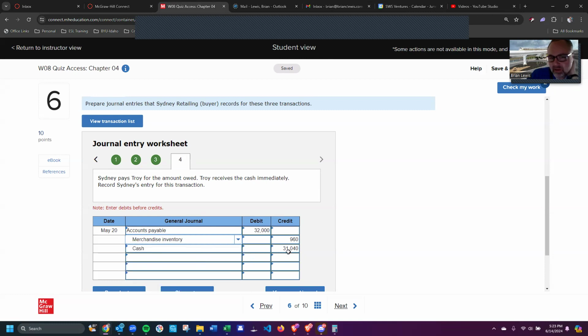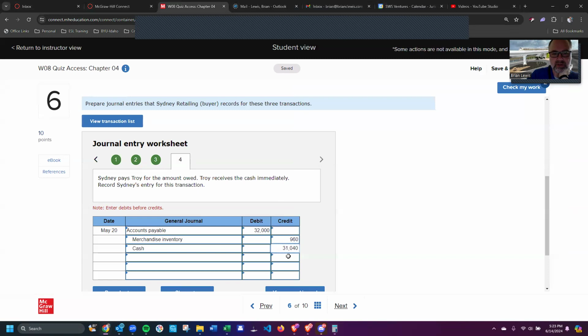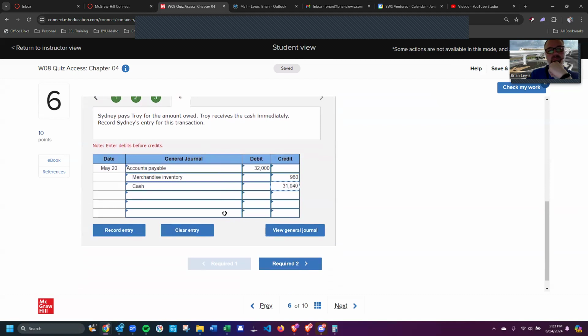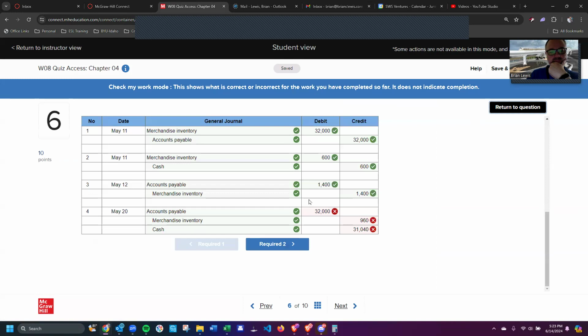It should be for that amount, but let's try this differently. 32,000 times 0.03. That's 960. In cash, minus 960, 31,040. Sydney pays Troy for the amount owed. Troy receives the cash immediately, records Sydney's. Let's check this again. Okay, well, I've got the accounts right, but the amounts are wrong.